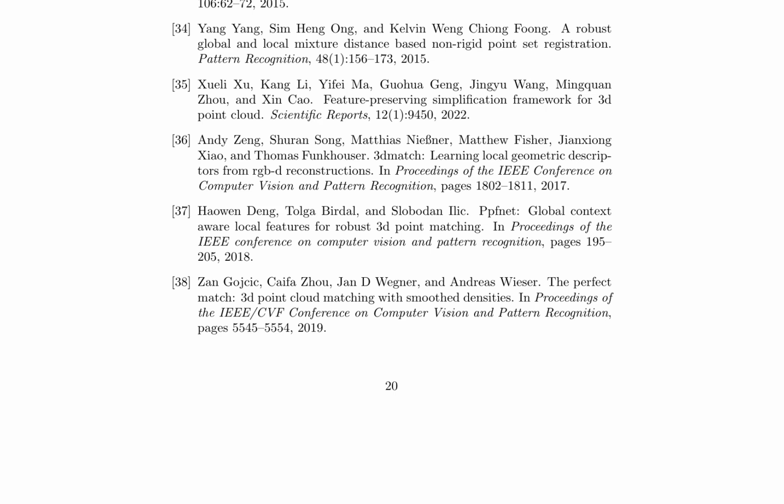Global context-aware local features for robust 3D point matching, explored by Haowen Deng et al., and the use of smooth densities for improving point cloud matching, presented by Zhan Goichik et al., are also discussed. Overall, the paper provides a comprehensive overview of the current state-of-the-art in optimal transport, point matching algorithms, and feature-preserving simplification frameworks for 3D point clouds.